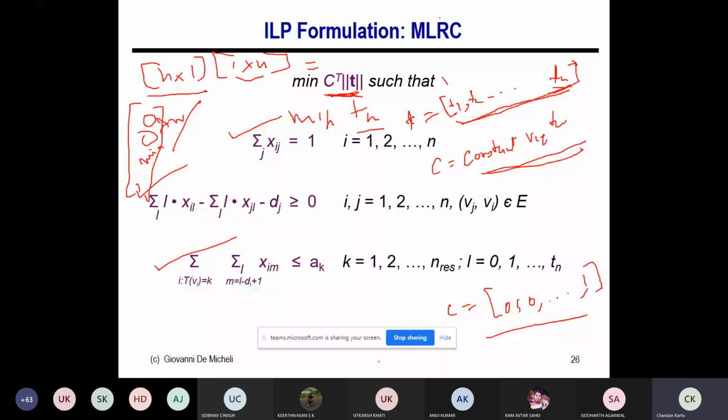The scheduling is what identifies the values of T1 to Tn, so my scheduler or the ILP solver will try to figure out the values of T1 to Tn such that this expression value is minimum.